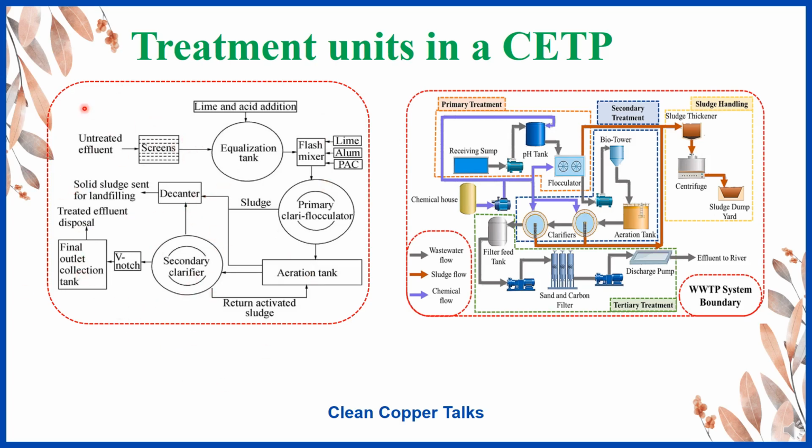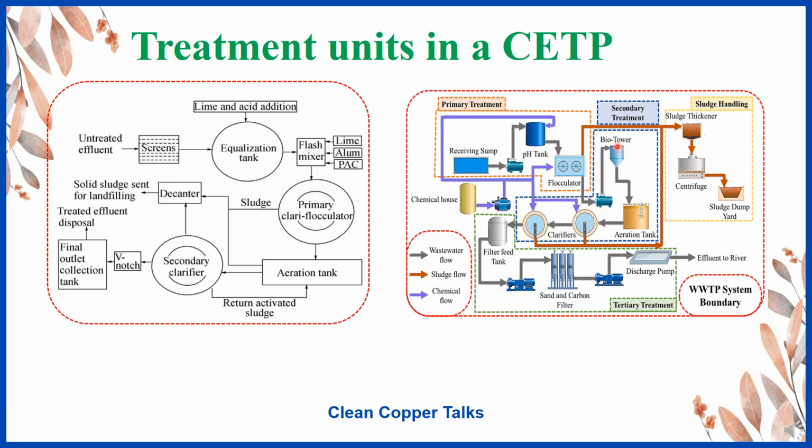Now in this scheme, you cannot find a tertiary treatment. However, here you can see tertiary treatment. Nowadays CETPs are going for tertiary treatments also, such as MEE, multi-effect evaporators, or advanced oxidation processes for further treatment of the wastewater, so that it meets the stringent discharge norms as laid by the competent authorities, and finally after that it gets discharged into the environment.